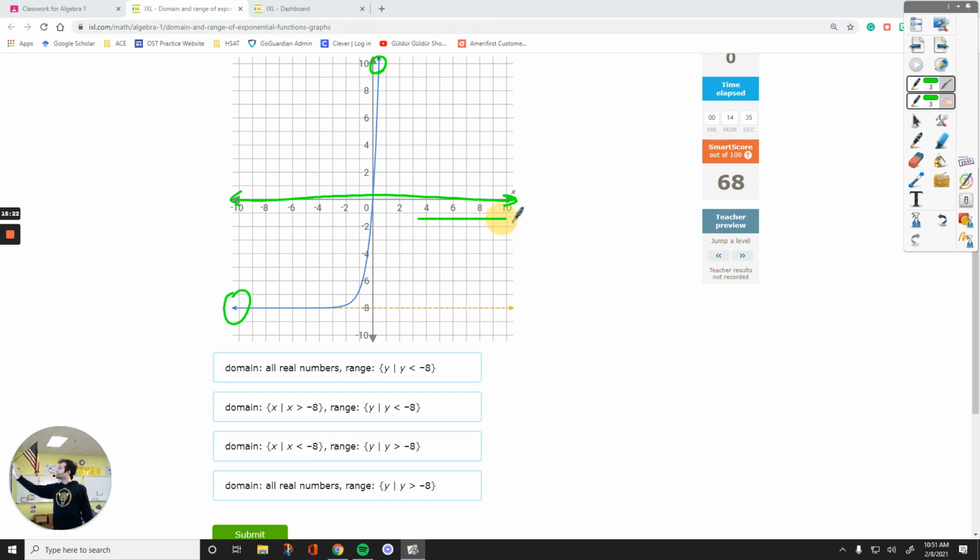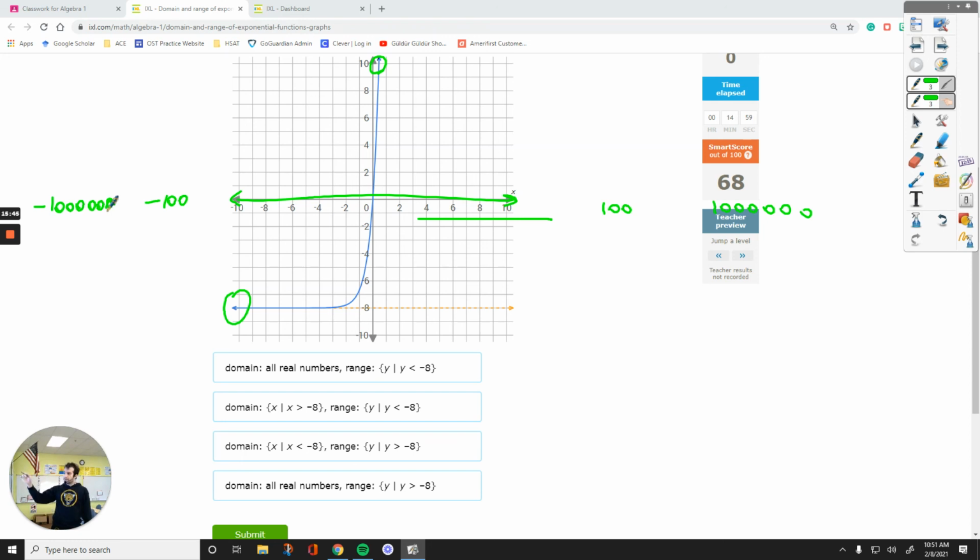So all these positive numbers, including 100, including 1 million, all of them are going to be part of the domain. And likewise, all these negative numbers on the left side are going to be part of our domain. So looking at the domain, look at that green line over here.